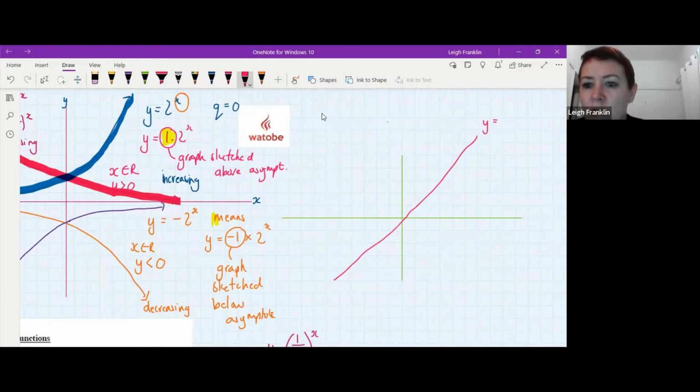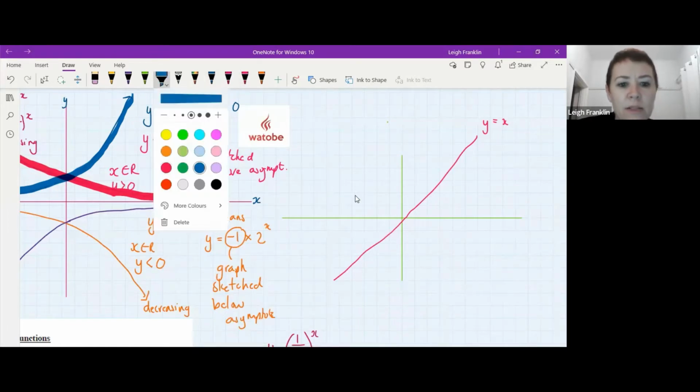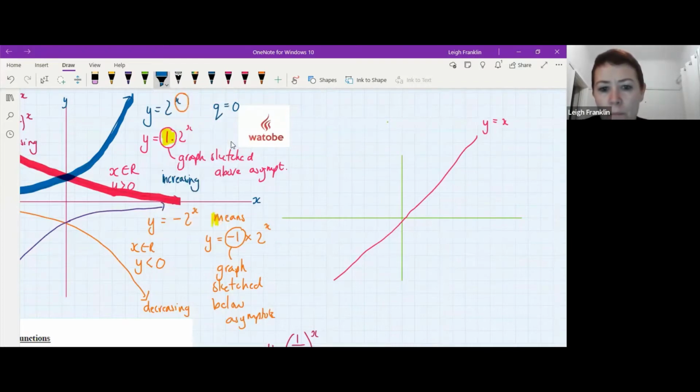That is for sure. Okay, so this is the line y equals x. So now we take that blue function that we were speaking about earlier, this blue one here, and we reflect it over the line y equals x.